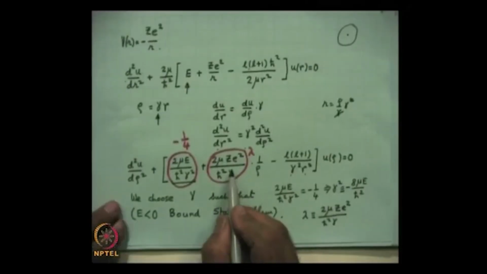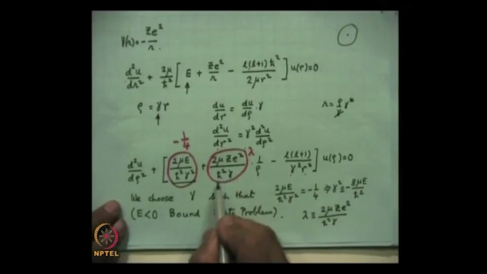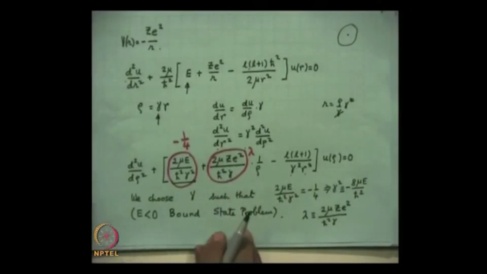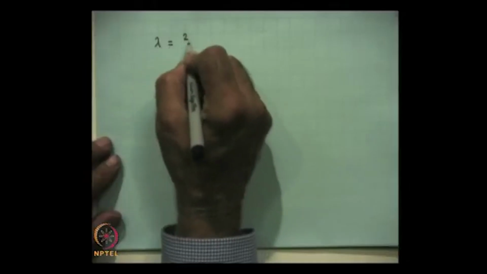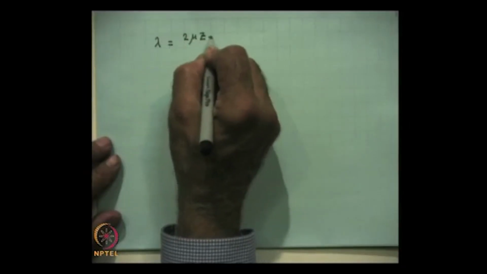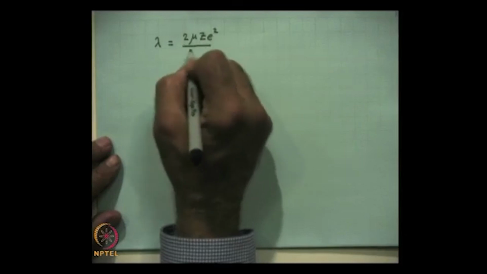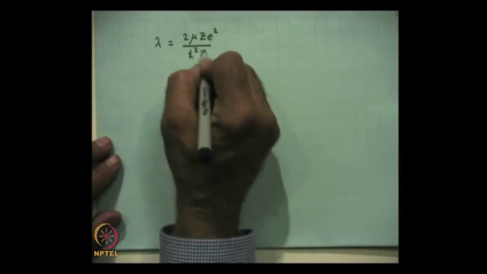And if you recall that lambda was equal to 2 mu e square by h cross gamma. So, we write this down as, please see this, lambda was equal to 2 mu Z e square by h cross square gamma.